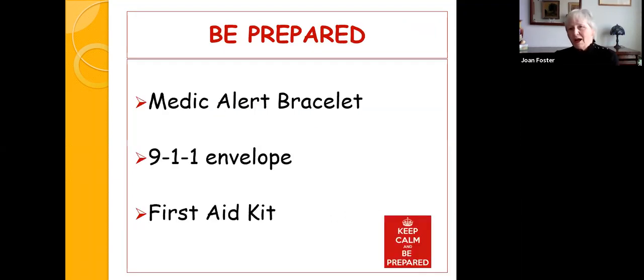One of my jobs as a parent was that I was a Brown Owl. To me, it's really important to look at the term "be prepared." Being prepared is so important for us, especially when a crisis happens.